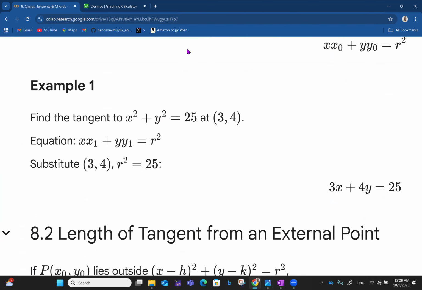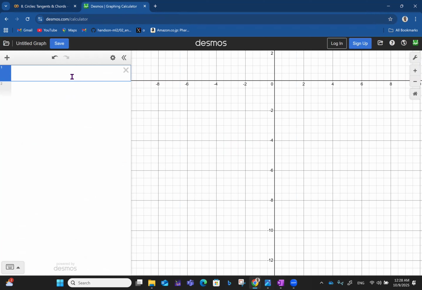And that's the equation of the tangent to the circle. Of course, you can visualize that graphically. So x squared plus y squared equals 25, and then we have 3x plus 4y equals 25.